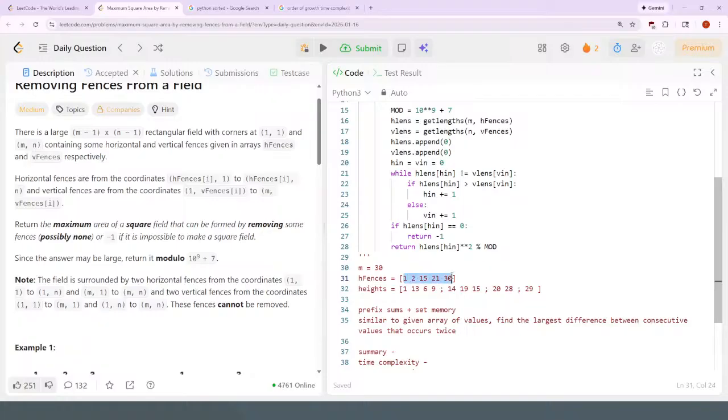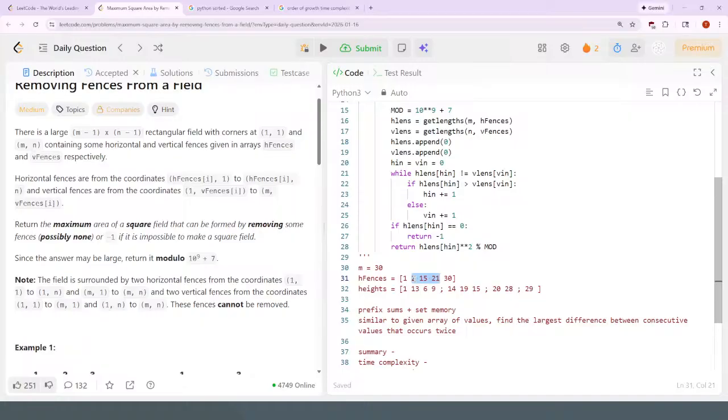So 1 to 21, which is 20, and 2 to 30, which is 28. But here, if I go 1 to 21, I could reduce it to 1 to 15, which is 14.